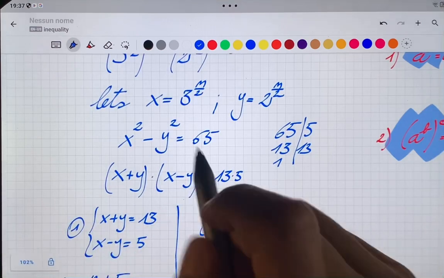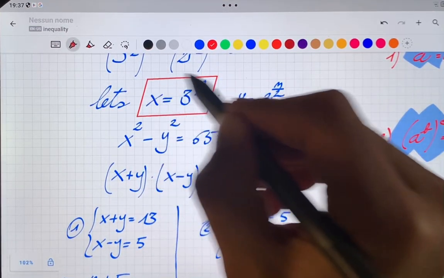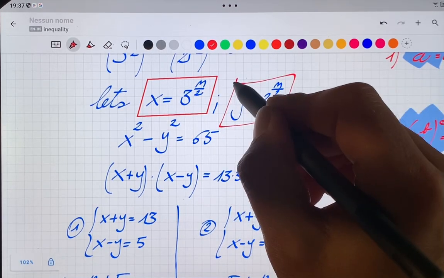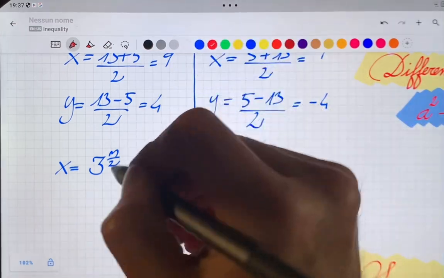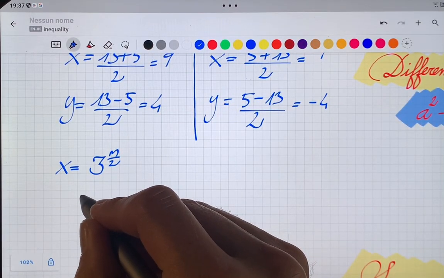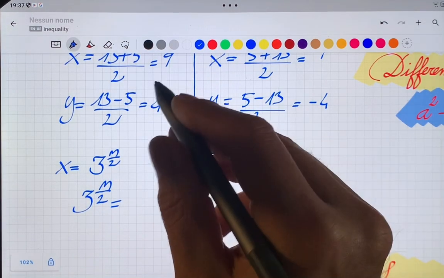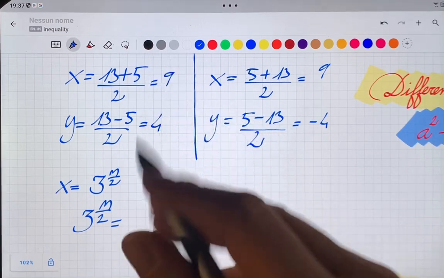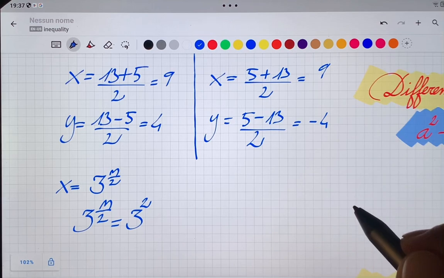because we said let x and y. Okay, so we can write 3 to the power of n over 2 is equal to 9. 9 can be written as 3 to the power of 2.